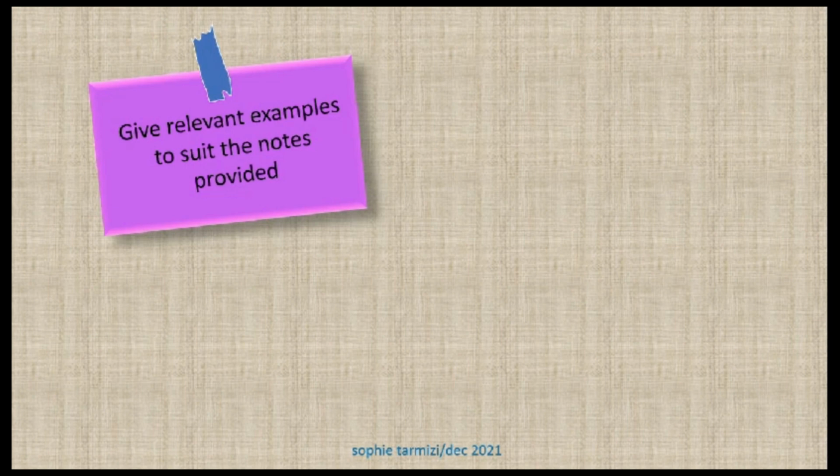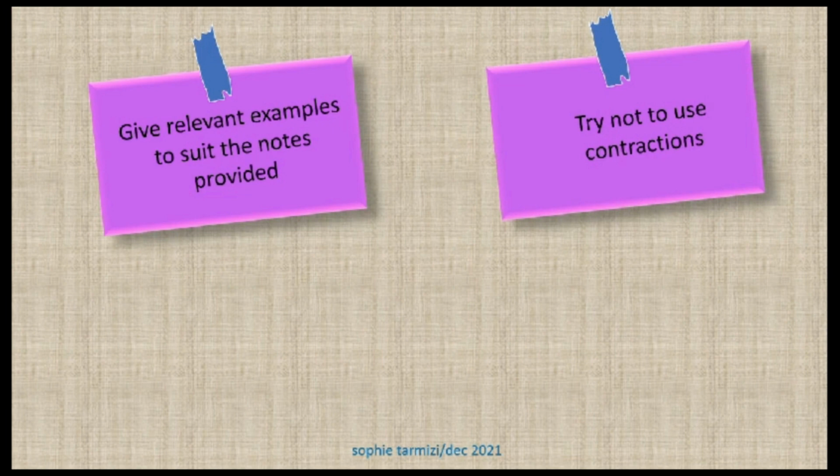Irrelevant examples or inaccuracies in answering the question will not benefit your work. Try not to use contractions. Try to spell out each word instead of using can't, couldn't, shouldn't, so on and so forth.